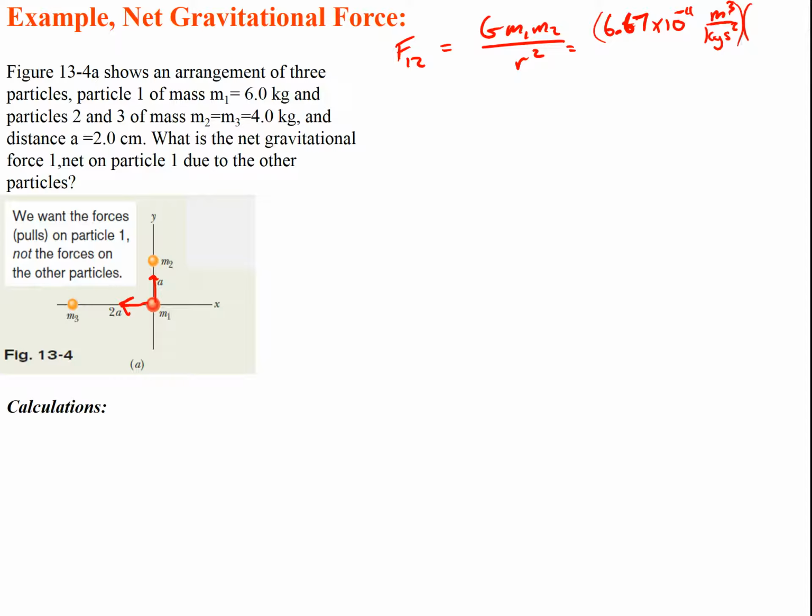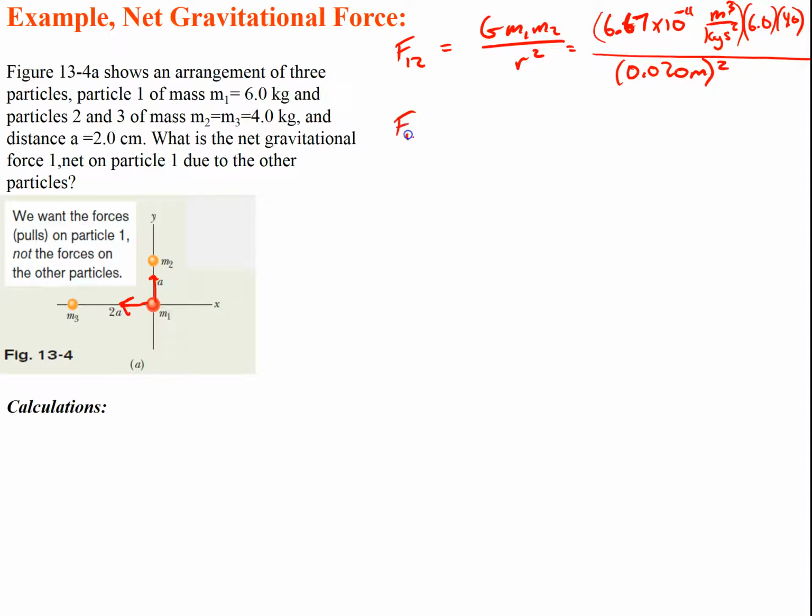And then you multiply by our two masses, so we have 6.0 times 4.0, both in kilograms. And we divide this all by 0.020 meters, because it said it's 2 centimeters, so we want to make sure we convert that to meters.